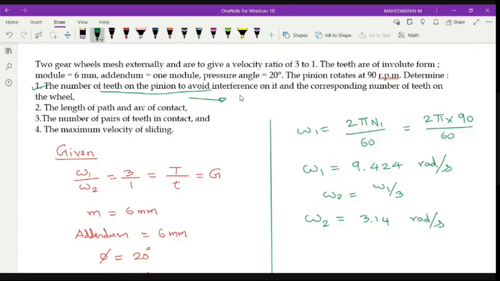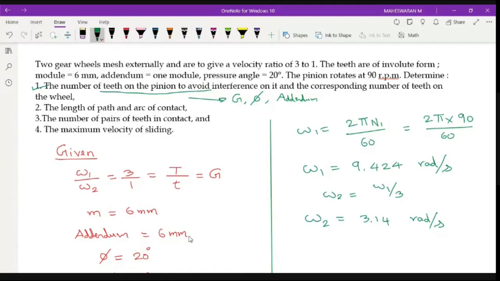I want capital G, I want phi, and I want small t, which we have to identify. Addendum, I have to know what is addendum. Anything else? Sir, here AP is 1, sir. Yeah, AP is 1.